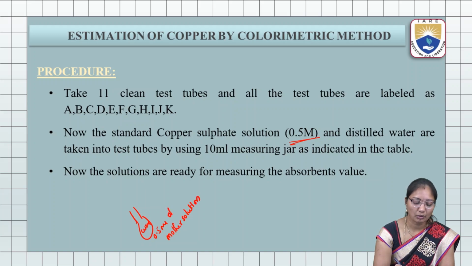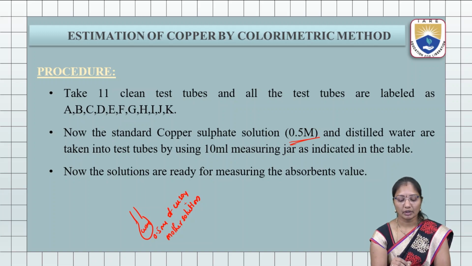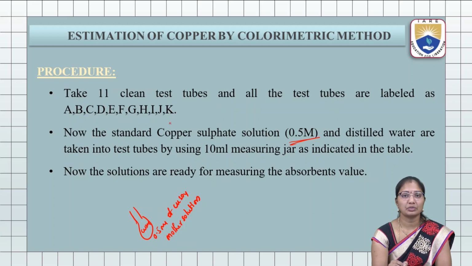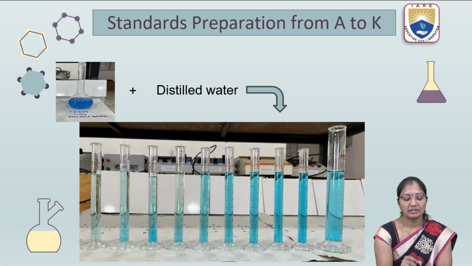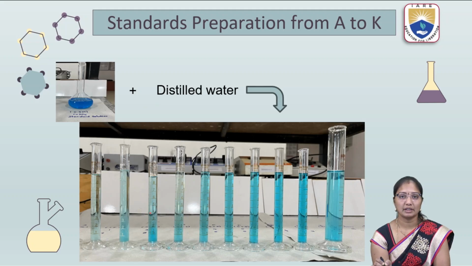Now, we have to dilute and prepare the A to K solutions using this mother solution. This is the copper sulfate solution, which is then mixed with distilled water, and serial dilution has to be done.